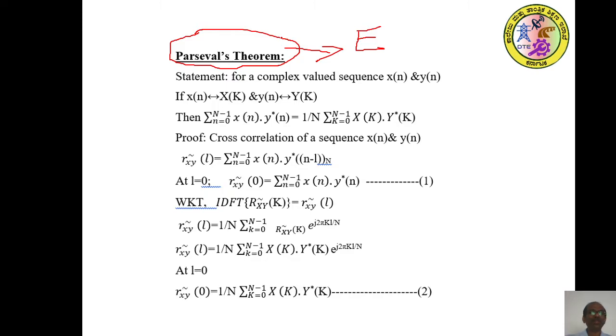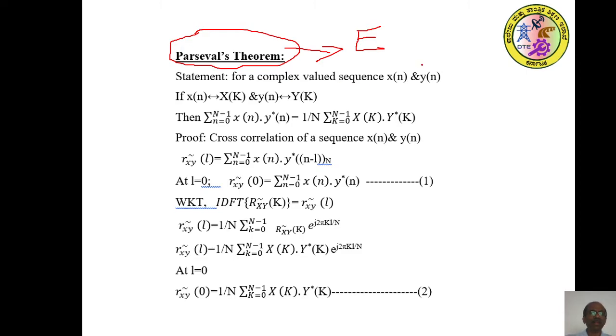Then if somebody gives you frequency domain content, how do you calculate energy? What is the formula relating energy in time domain and energy in terms of frequency domain concepts? This relationship is proposed by a theorem called Parseval's theorem.